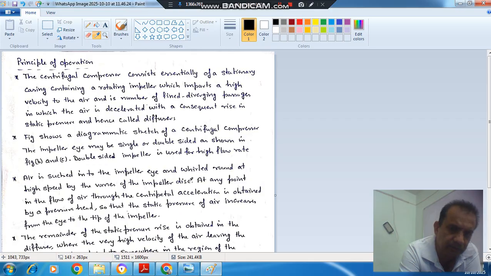At any point in the flow of air, the centripetal acceleration is obtained by the pressure head, so that the static pressure of air increases from eye to tip of the impeller.